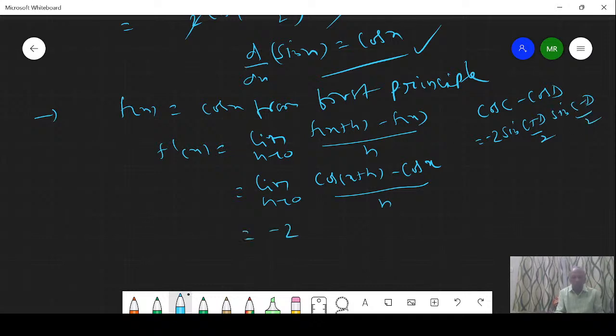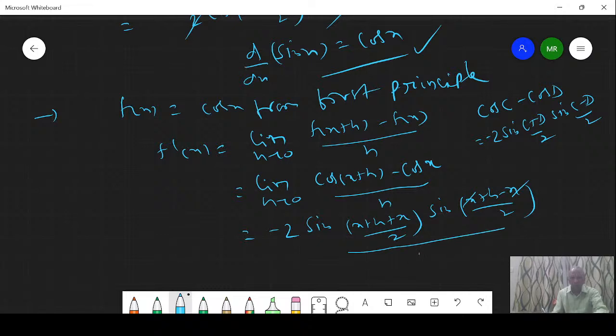If I use this formula, minus 2 sin((x+h+x)/2) into sin((x+h-x)/2). Now you can see here plus x minus x will get cancelled, and we have by h.